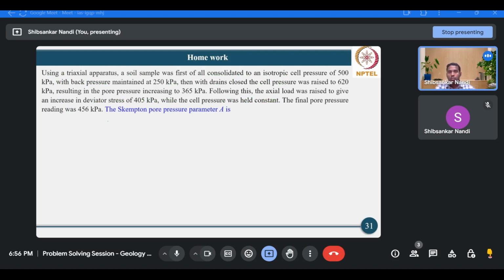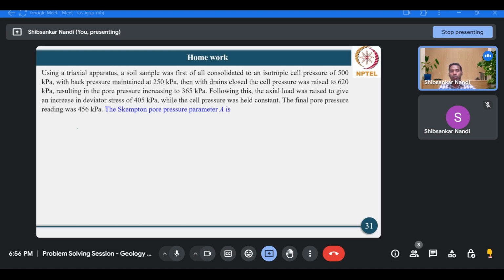With this problem, we'll end our session for today. So this is the homework problem. Using a triaxial apparatus, a soil sample was first consolidated to an isotropic cell pressure of 500 kPa with back pressure maintained at 250 kPa.